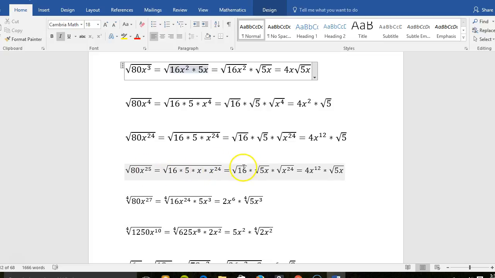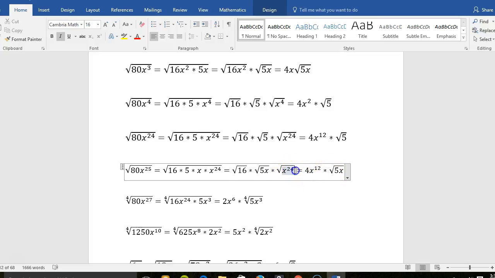And so I got radical 16. Now that 5x, since neither one can come out, there's no point in splitting them apart. And really, to be frank, I could have just as well kept x to the 24th in here with the 16, but oh well. So radical 16 is 4. 24 divided by 2 is x to the 12th, and then times radical 5x.